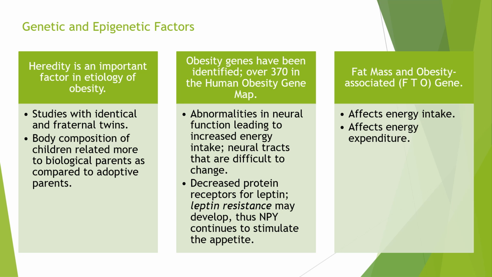Some genetic abnormalities can lead to increased energy intake by affecting neural pathways, which are challenging to alter. Genetic factors can also lead to a decreased number of protein receptors for leptin, resulting in leptin resistance. When leptin signaling is impaired, neuropeptide Y continues to stimulate appetite despite adequate or excessive energy stores.